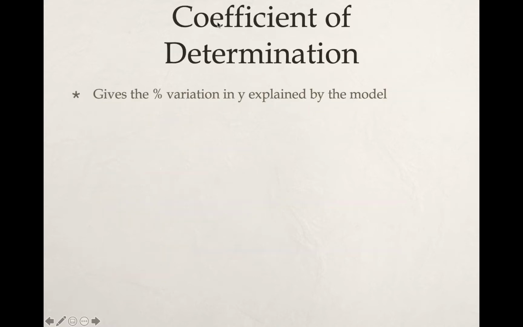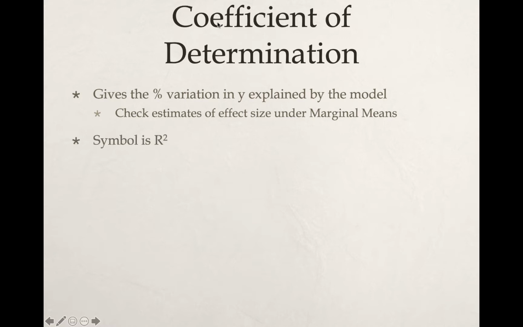You will also sometimes come across the term coefficient of determination, which gives the percent variation in y explained by the model. It is the symbol r squared, and r squared is often very important to us, especially when we get over to regression.